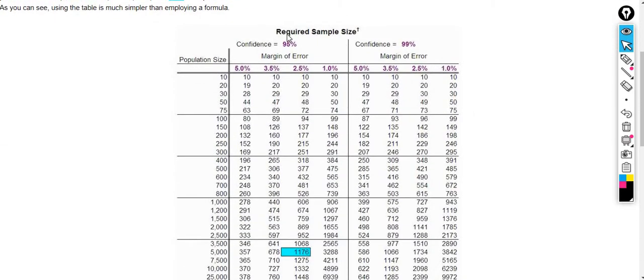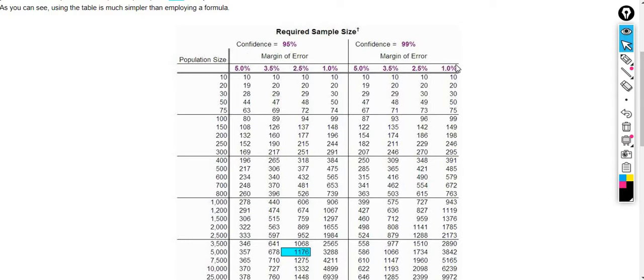So here, if you're following my cursor, if we have a confidence interval of 95%, it means we are 95% sure that our survey would give the same result over and over again, and here we have 99% confidence. This means that we are 99% sure that our survey will give the same result over and over again.